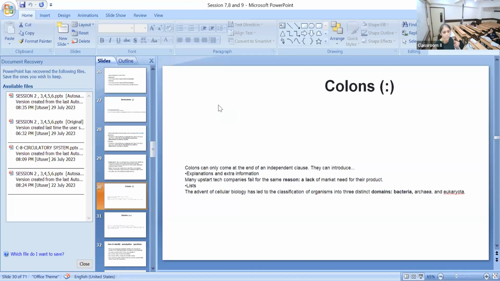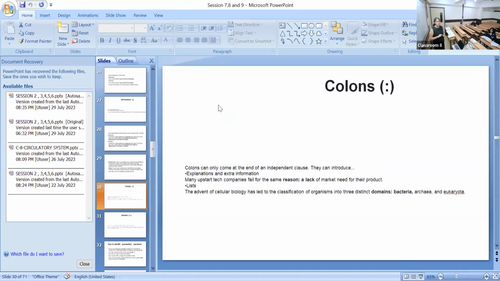Okay, so you can also see this one, that it actually comes to the end of an independent clause. And you can see an example over here. Upstart tech companies fail for the same reason, a lack of market need for their product. Similarly about the second one, domains, we are talking about the domains, bacteria and all.